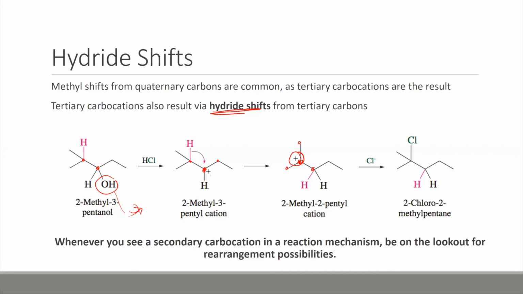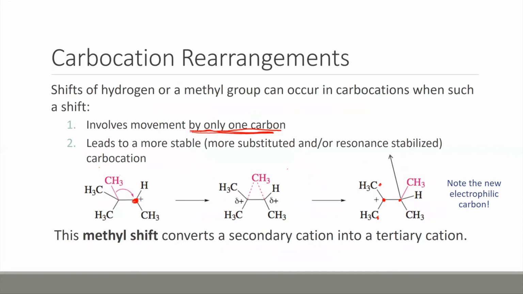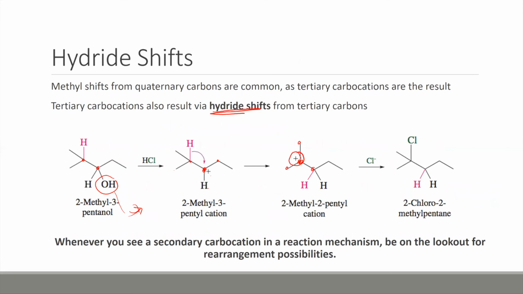Right, so same thing over here. This is where we have a secondary alcohol that is next to a site where if you move one methyl group, a methyl shift, it would form a tertiary carbocation. Or if you moved one hydrogen, it would form a tertiary carbocation.